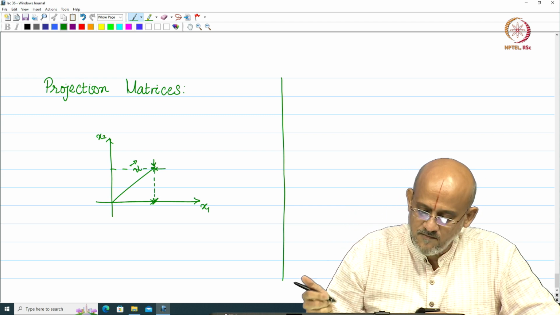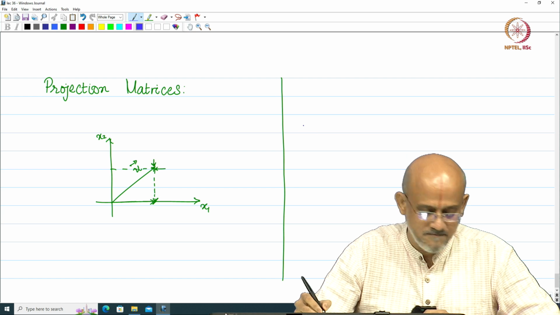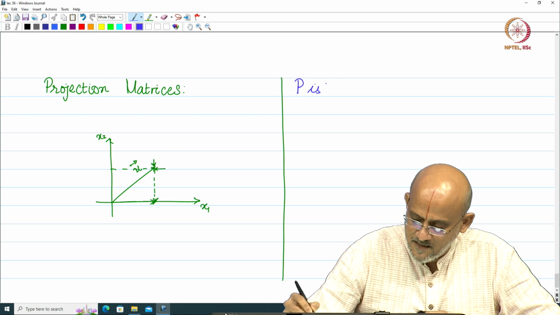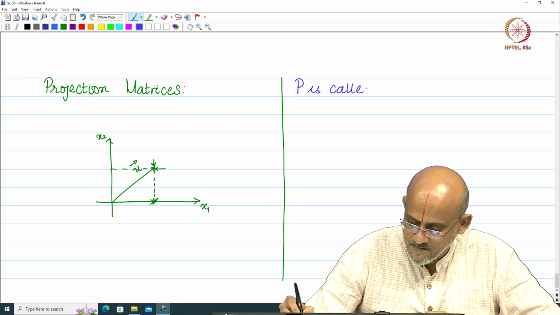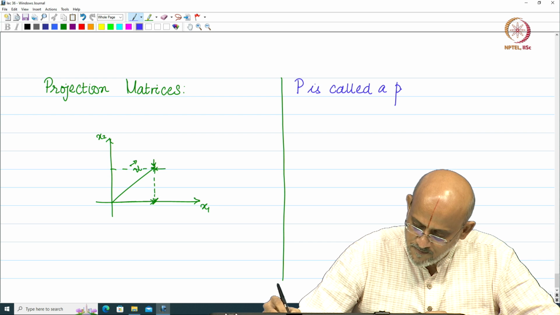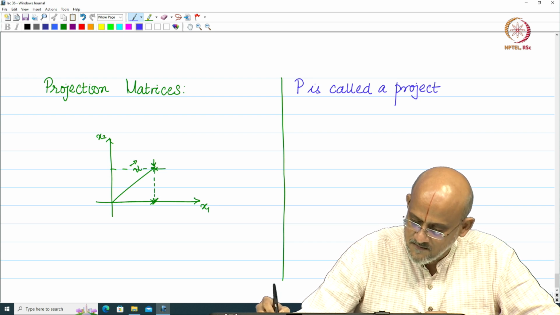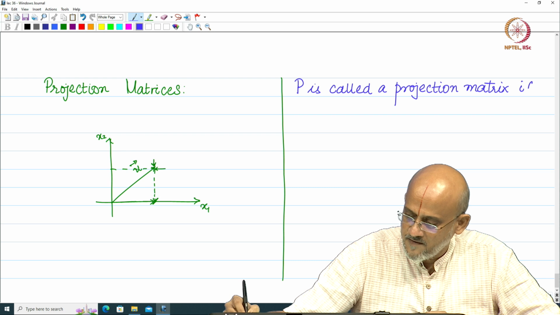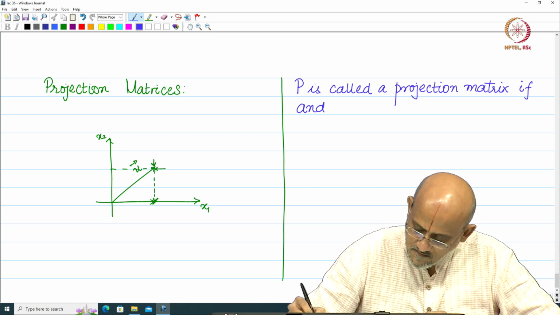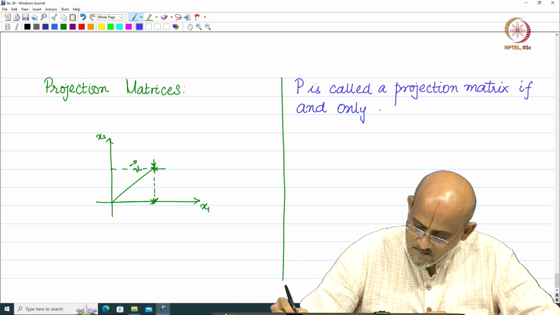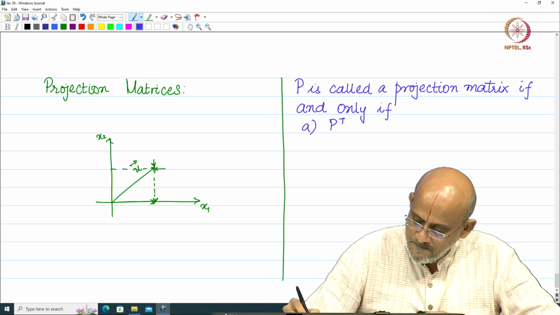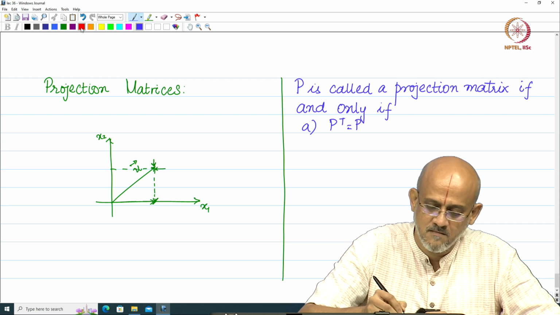So we are going to look at the definition of a projection matrix. P is called a projection matrix if and only if P transpose is equal to P. Now what does that mean?